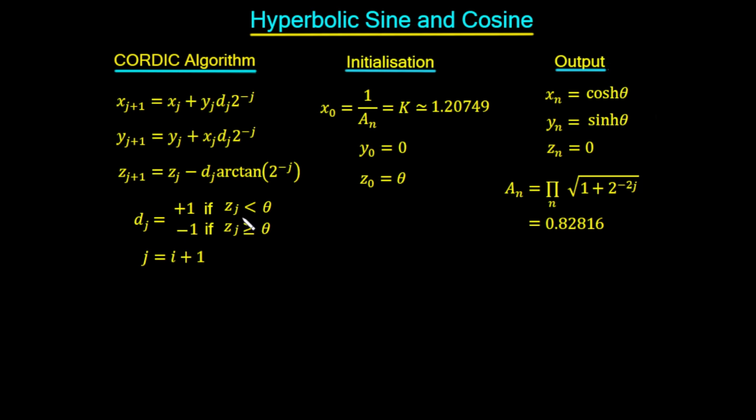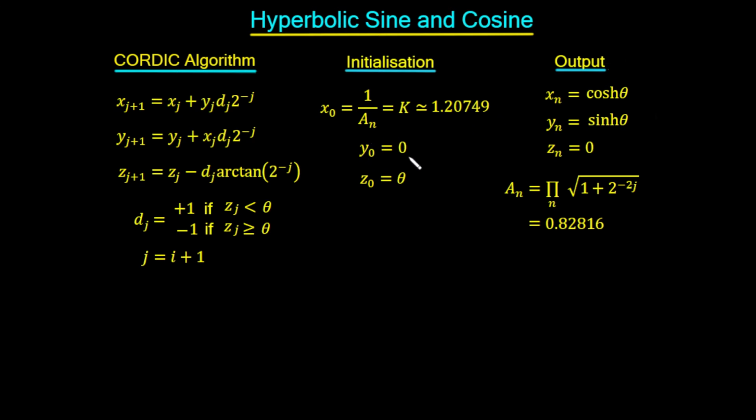Now whenever we set up the initialization, what we want to do is set the value for x0 to 1 upon A_n. Remember, our A_n is generated from this algorithm here, and in the hyperbolics the value is approximately equal to 0.82816. So we're going to set x0 to 1 upon A_n, which is our value K, and we can call that a value of 1.20749.